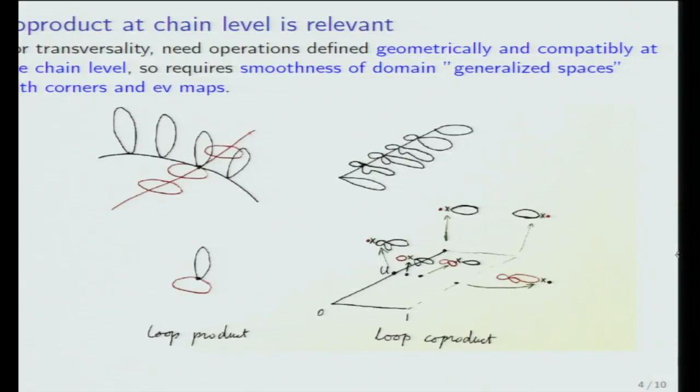Okay, so let's look at two operations in string topology which give rise to the loop bracket and cobracket. If you look at two families of curves, drawn in black and red, the trace of this line denotes the base point. Over the point where they intersect, you can concatenate the loops together. This is the loop product.